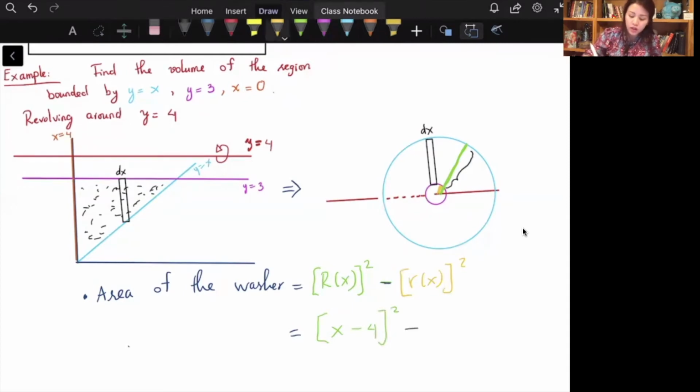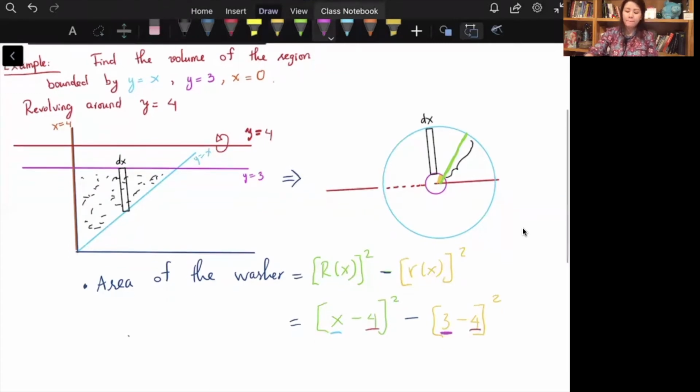Subtract the inner radius, which will be equal to the pink function, which is 3, minus the red, which is 4. And of course square that. So again, x is your blue function, 4 is your axis of rotation, and 3 is that pink function there.